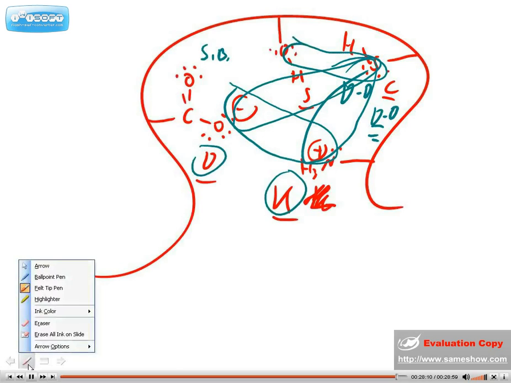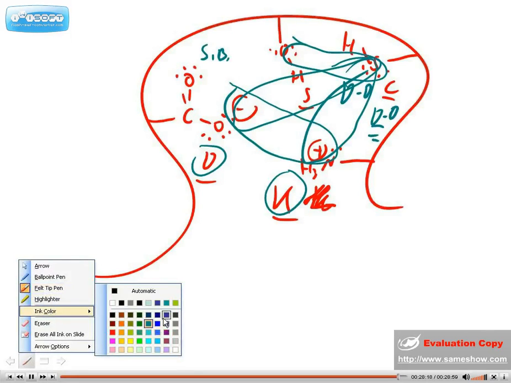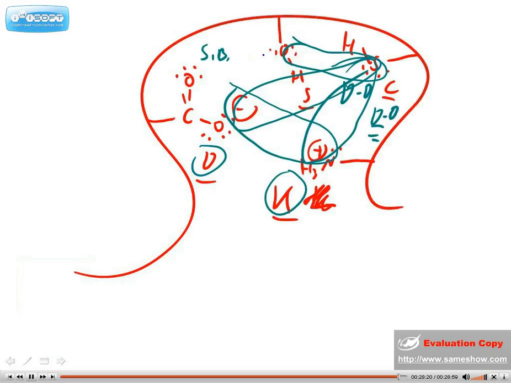Now when it comes to hydrogen bonding, I'll just go ahead and use a blue. In this case, we have a lone pair on a nitrogen, oxygen, or fluorine. And I would need a hydrogen directly attached to a nitrogen, oxygen, or fluorine. So in this case, between the lysine and the serine, you would have hydrogen bonding.